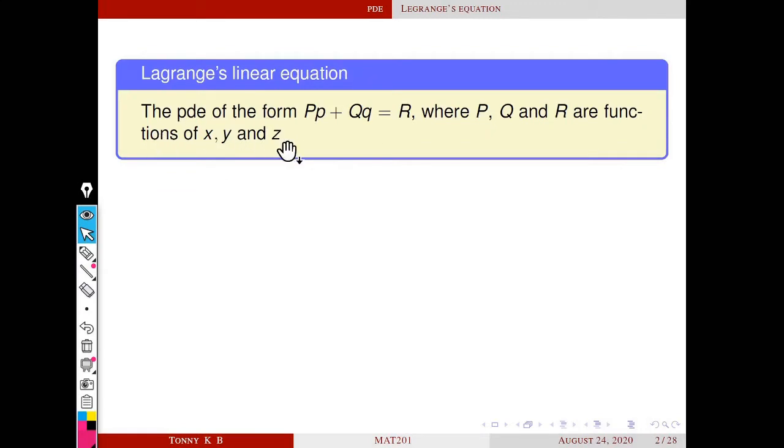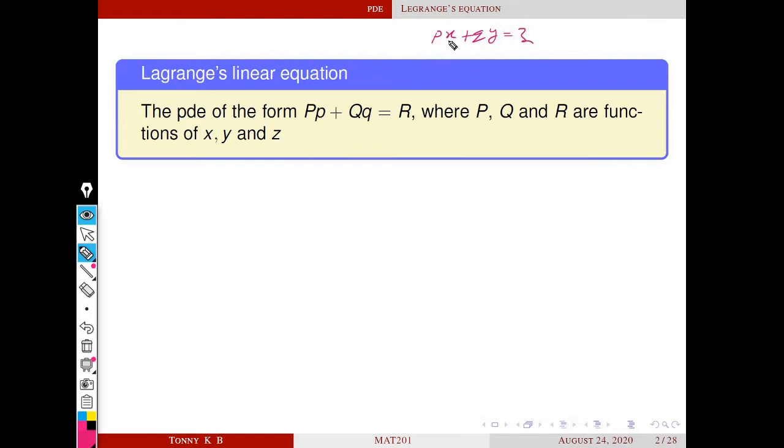The PDE of the form Pp plus Qq equal to R, where P, Q, and R are functions of x, y, and z. This is the general form of Lagrange's equation. For example, px plus qy is equal to z.